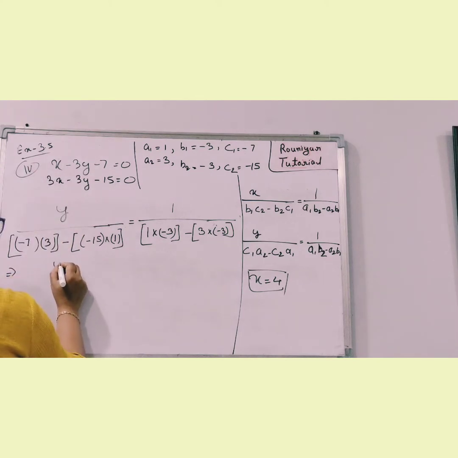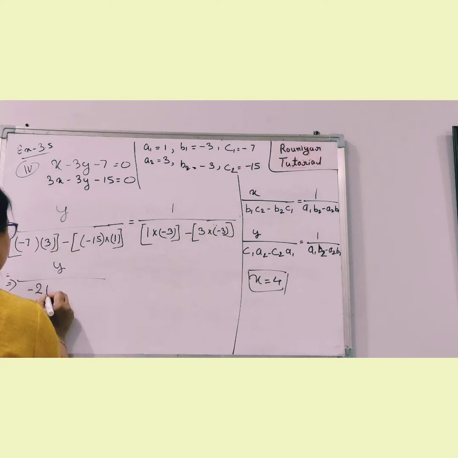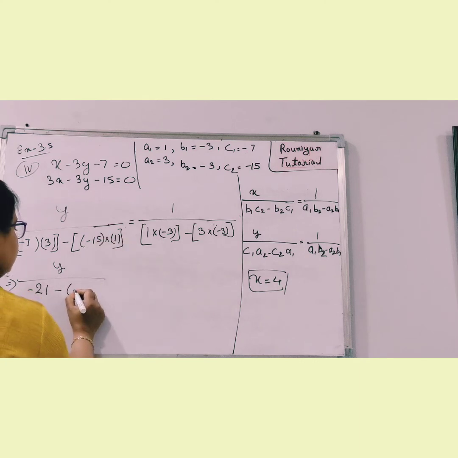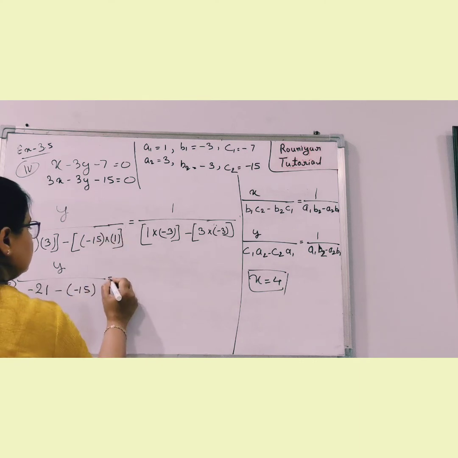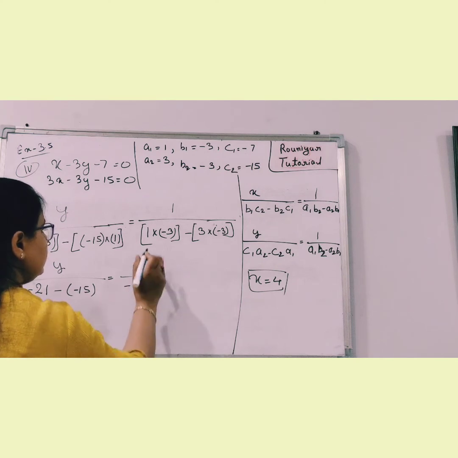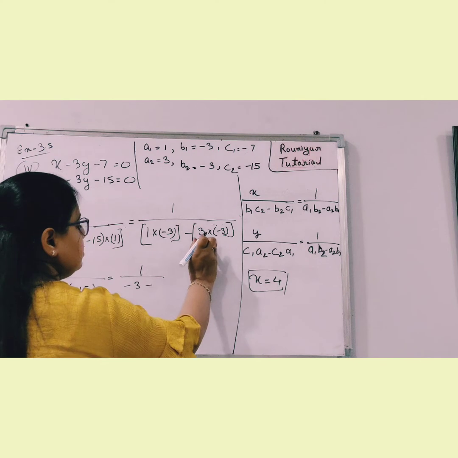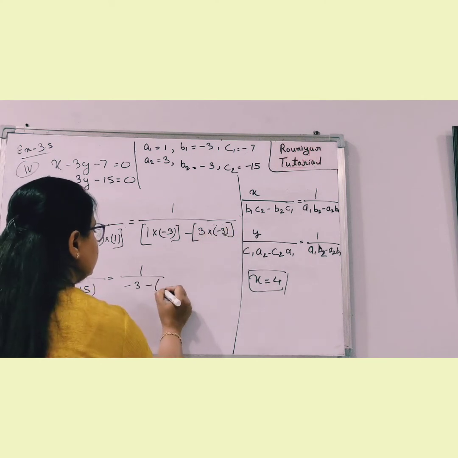This implies y by minus 7 into 3 is minus 21 minus minus 15 into 1 is minus 15 is equal to 1 by minus 3. 1 into minus 3 is equal to minus 3 minus minus 3 into minus 3 is equal to minus 9.